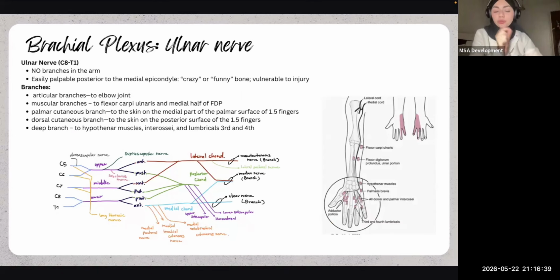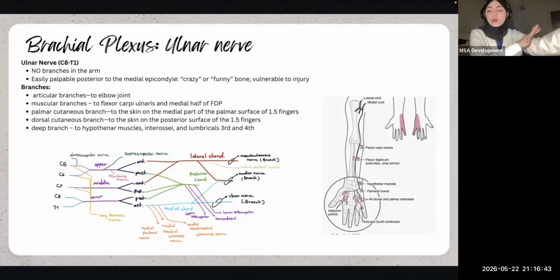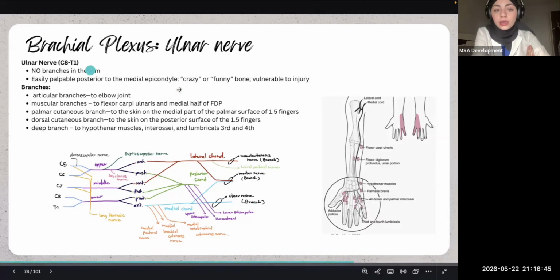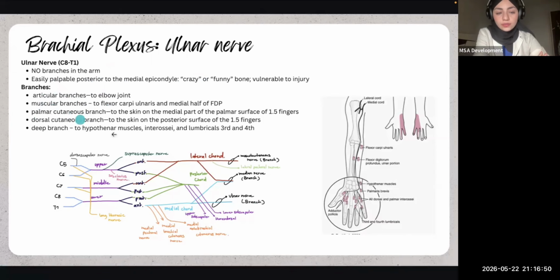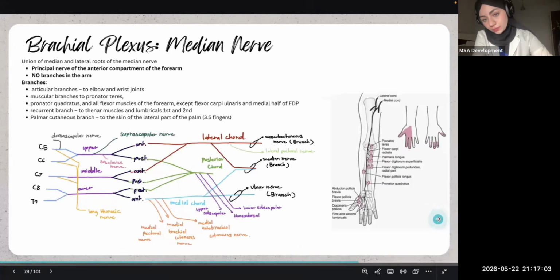Now, this groove is the perfect place for the ulnar nerve to hook and pass and go and supply the arm. Specifically, where will it go? It's going to have articular branches, muscular, all of that. You guys have to know the details of this and memorize it, but I promise you it will be a lot easier to memorize after you've gone through the forearm muscles and whatnot. And for the skin innervation, you have to know that too.